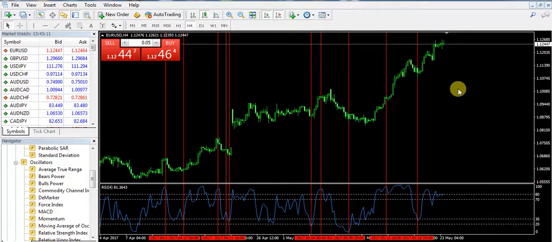It merely shows you the strength of a trend, and you have to use it in conjunction with other indicators, with candlestick formations, in order to determine whether you should be trading or not.